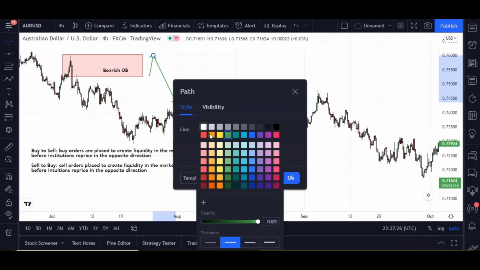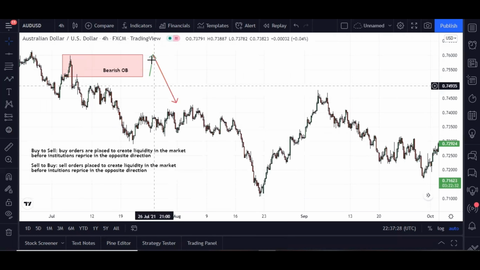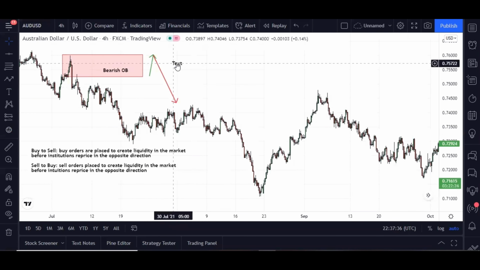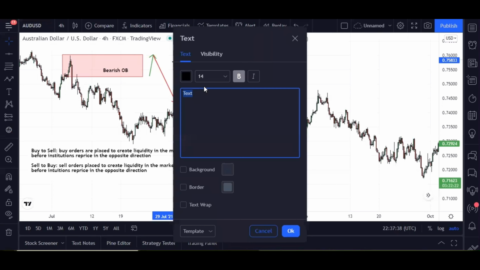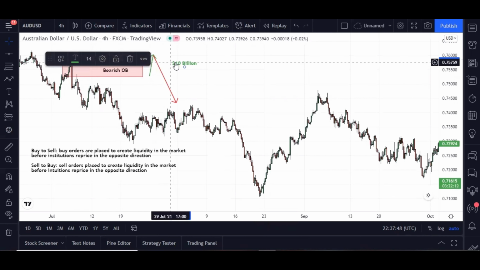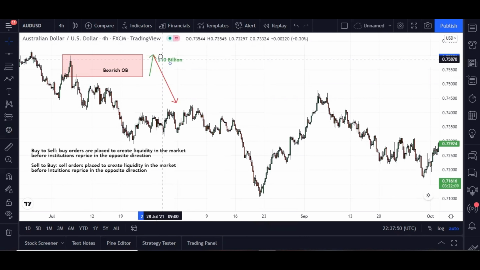So here in this scenario, what might happen is that the institutions, in this buy order, may have placed orders, maybe something like $10 billion in buy orders. So now they have $10 billion here.